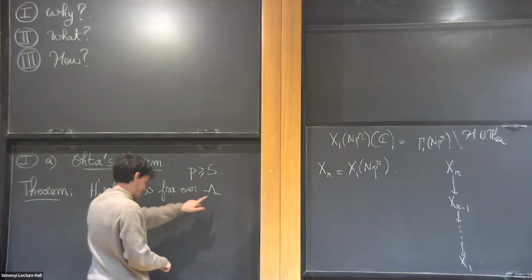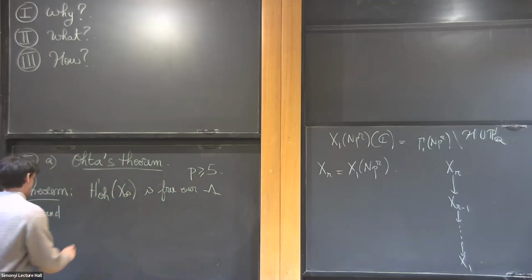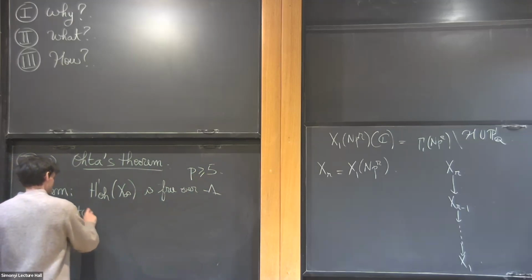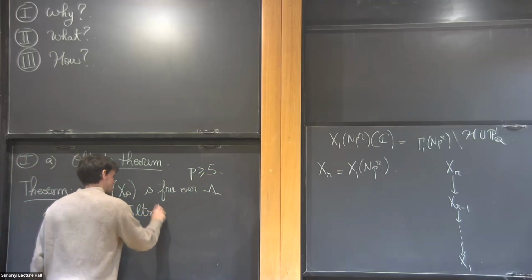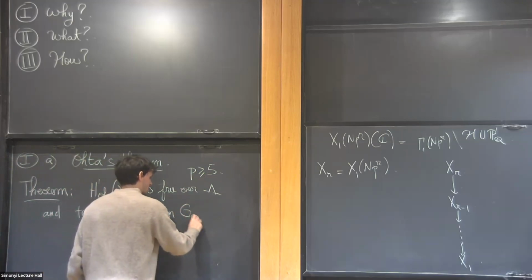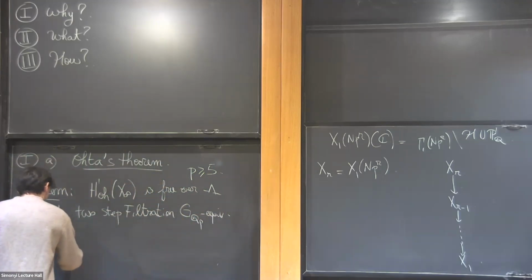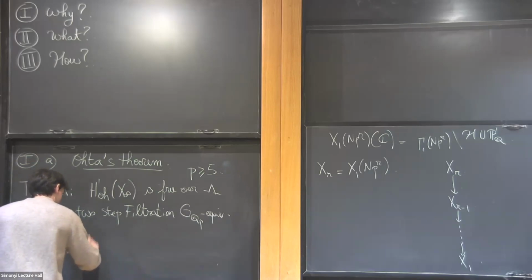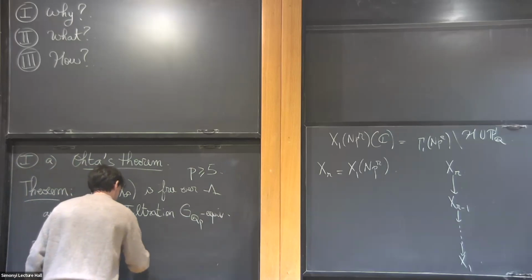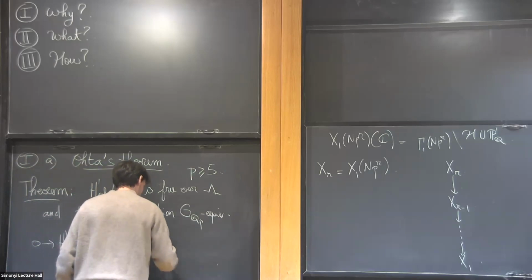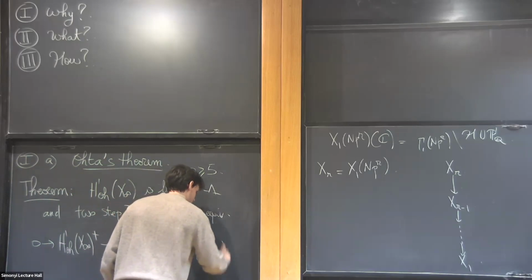But so H1 Ohta is free over Lambda, and it has a two-step filtration that is G_Qp equivariant, which I will denote H1 Ohta X infinity plus. So this is inside H1 Ohta of X infinity. And this has a quotient X infinity minus.